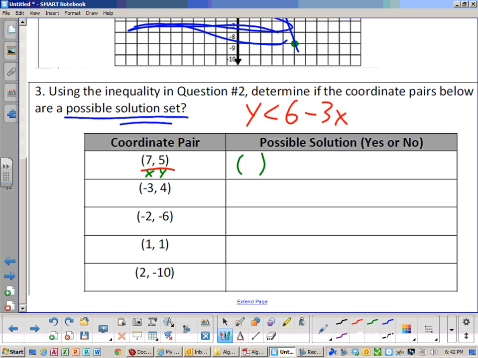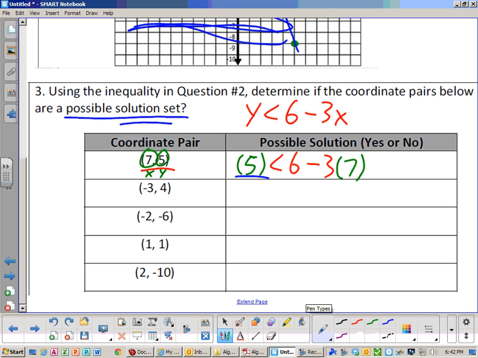This now is going to be 7, right? Is less than 6 minus 3 times, what's my x? Oh, I just noticed I got my x wrong. Beg your pardon, everybody. My x is 7, so 7 goes here, and 5 is y, so 5 goes here. This is the substitution method. Now I can try it out.